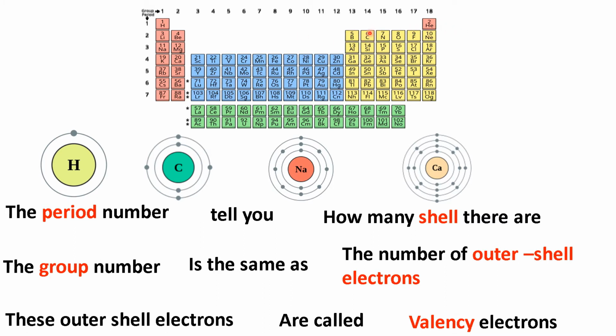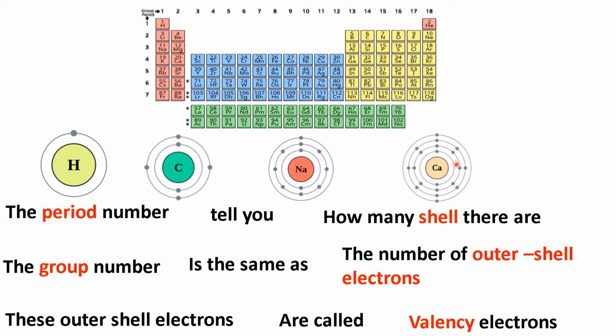Carbon atom is present in period number 2. Another example, sodium. Sodium atom is present in period 3. There are 3 shells. This is period number 1, period number 2, period number 3. We find sodium in period number 3.